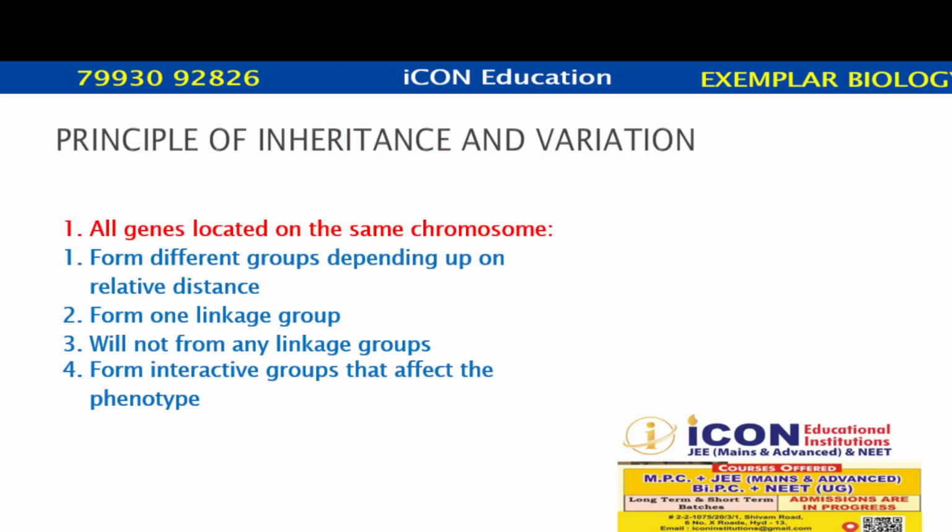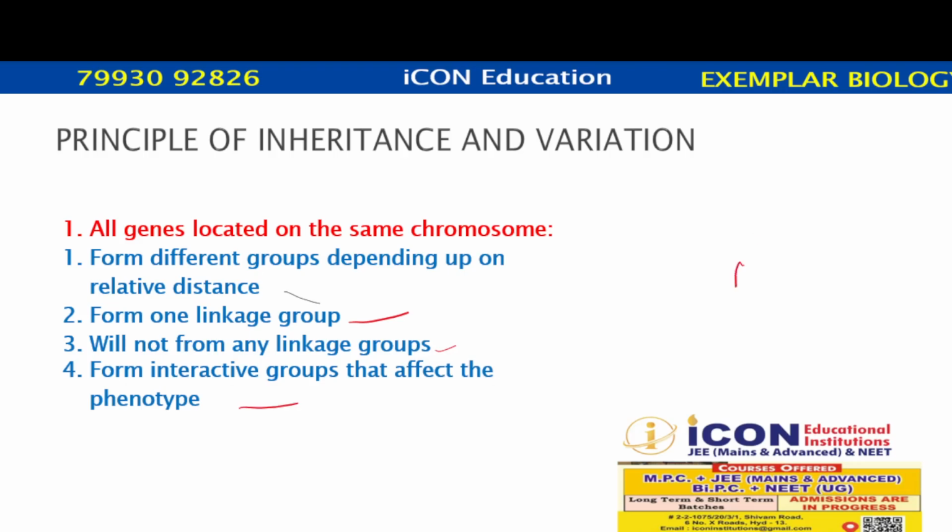First question: all genes located on the same chromosome form different groups depending upon the relative distance; form one linkage group, will not form any linkage groups, form interactive groups that affect the genotype.